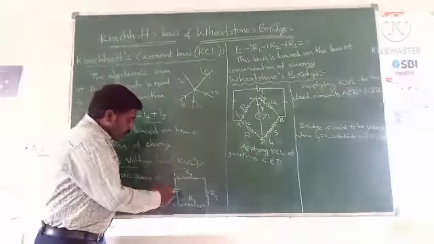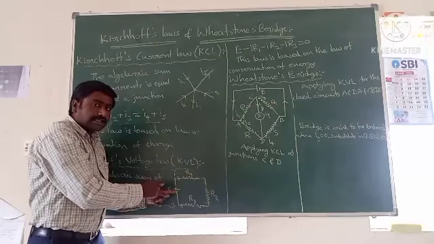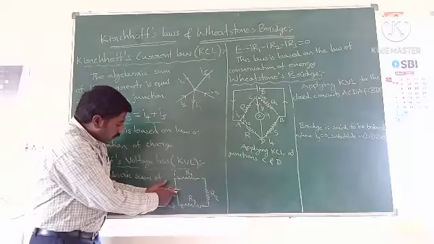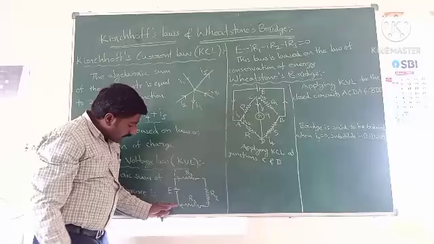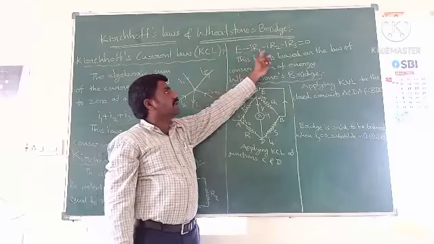For example, if we move from the negative terminal of the battery to the positive terminal, in that case the signs will become changed. So when you move from the negative terminal, then you have to take minus, and if you move in this direction, then in each resistor the sign will become plus.